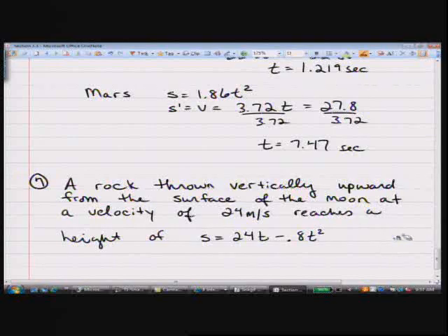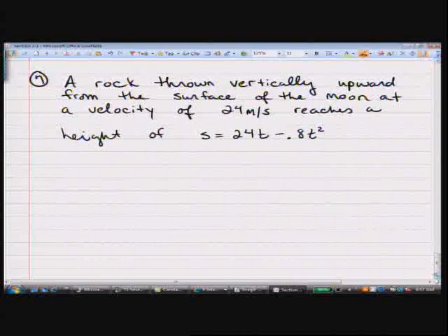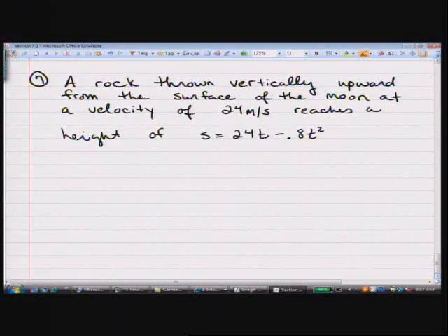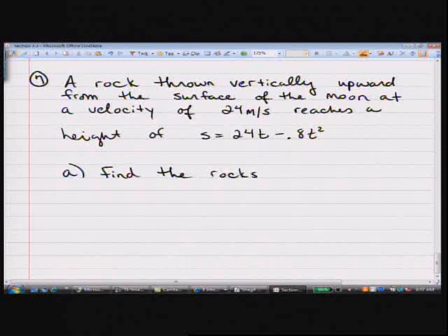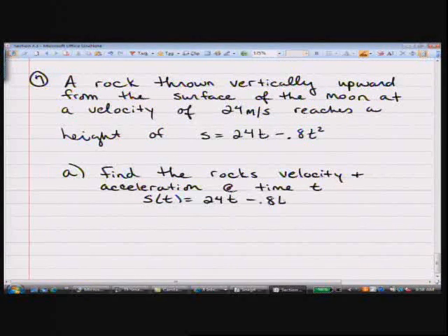Okay, so now these are kind of classic questions that we get to answer. First, you're asked to find the rock's velocity and acceleration at time t. That's easy enough. s of t is 24t minus 0.8t squared.